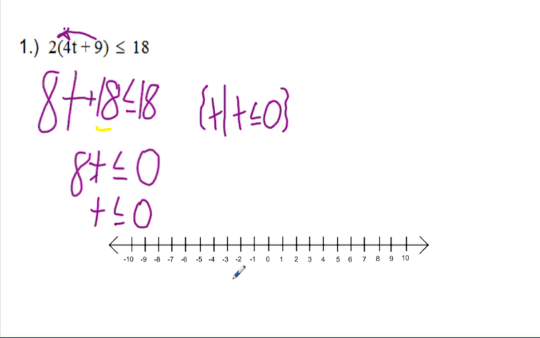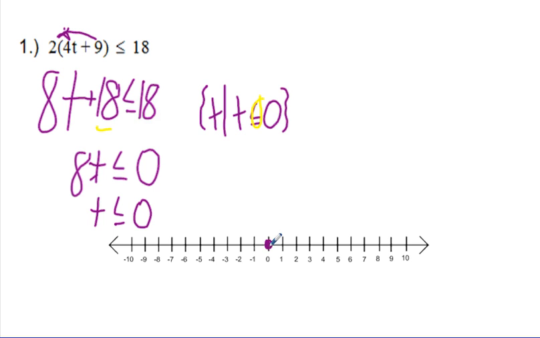The last thing we're going to want to do with this solution is to graph it on our number line. So since we are using the less than or equal to symbol, we are going to put a closed circle at 0, indicating that the number 0, that value, is part of our solution set.